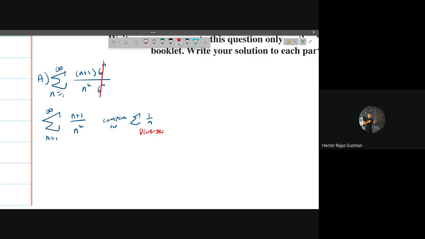You can do a straight comparison test, or the limit comparison test. But I do know that the original one is bigger than the harmonic because the plus 1 makes it slightly bigger. And if my smaller series diverges, the bigger one diverges.